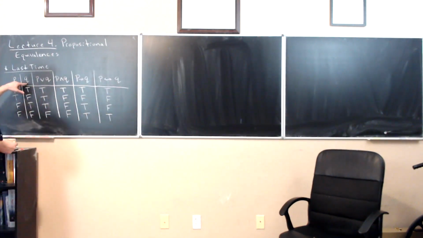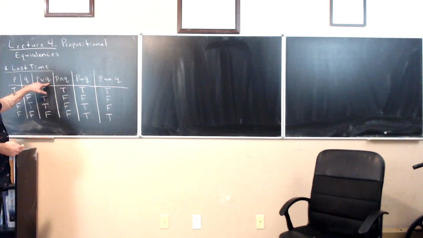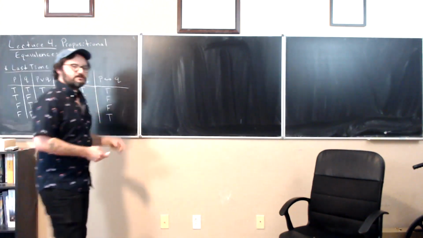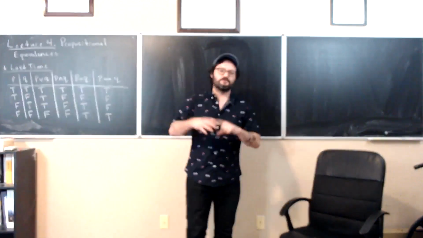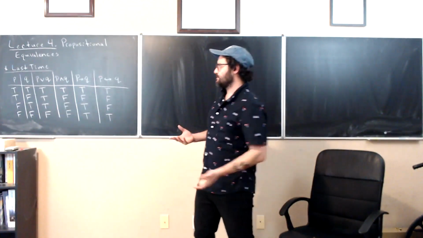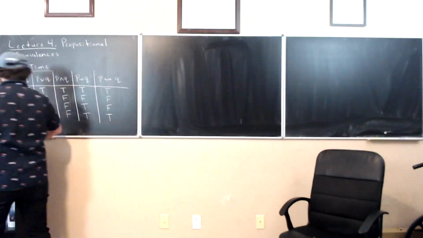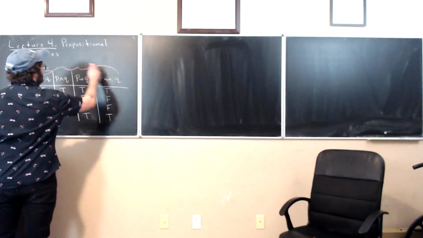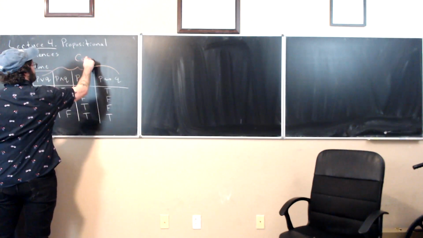And with those truth values, we can use the conjunction, disjunction, conditional, and biconditional operations between the two of them to form what are called compound propositions. So all of these are compound propositions.